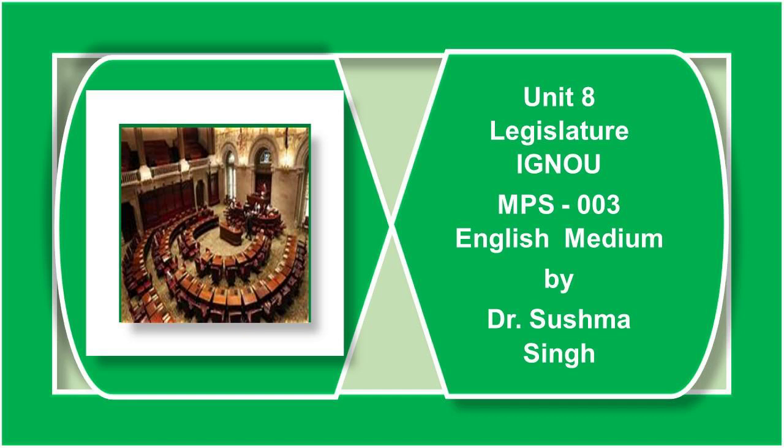The process of legislation involves 3 stages, corresponding to the familiar 3 readings of bills in the parliamentary system: the introduction of a bill, its consideration, and its enactment into law.